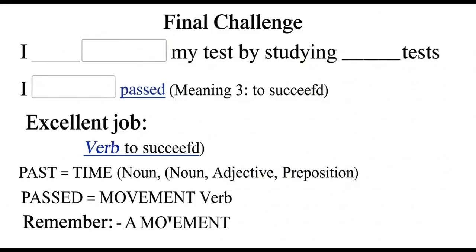We have a subject, an object, but we don't have a verb. So therefore, we know it's going to be passed. And which meaning of pass is it? It's to succeed at a test, the opposite of fail. I passed my test. That's very good.